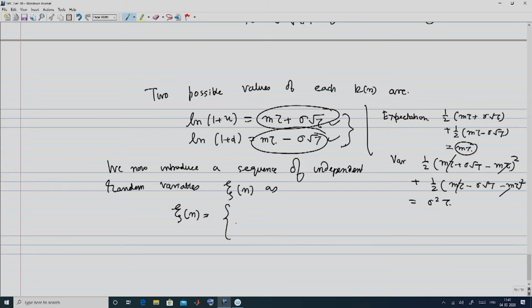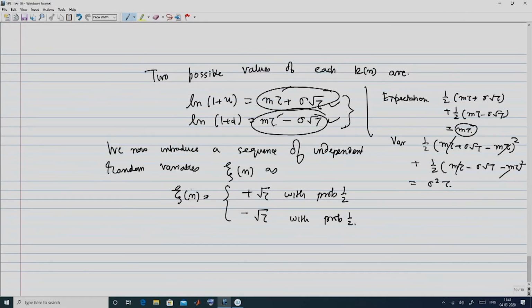Xi of n, I will define this to be plus square root of tau with probability half. This is motivated by the fact that this term and this term, the only difference is that of a sign, and this will be minus square root of tau with probability half.